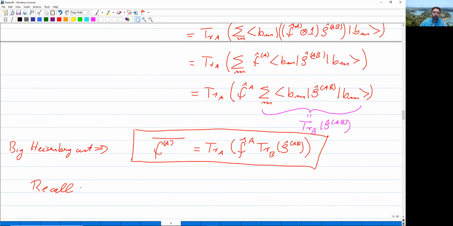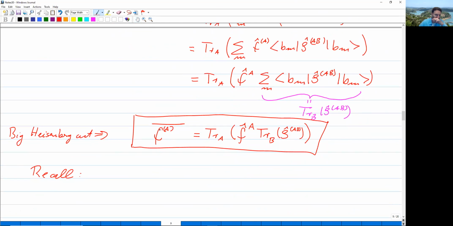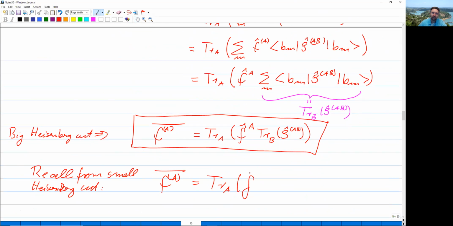So recall from small Heisenberg cut that we have that F A bar is equal to the trace over system A of F hat A rho hat A. All right.